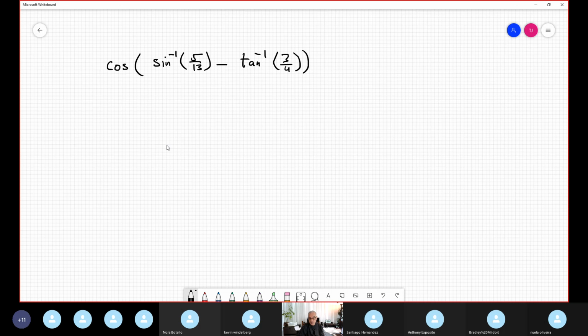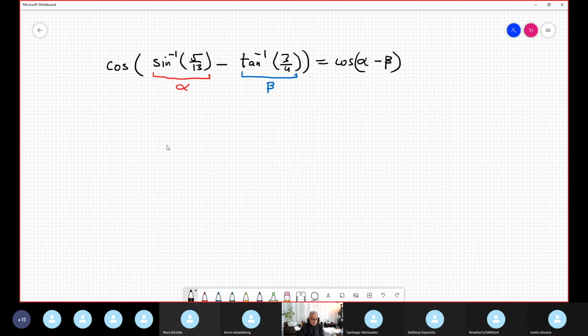Entonces, the procedure is always the same. You have two angles, and you call them alpha and beta. Okay. Entonces, my expression now is cosine of alpha minus beta. And you're using the formula.